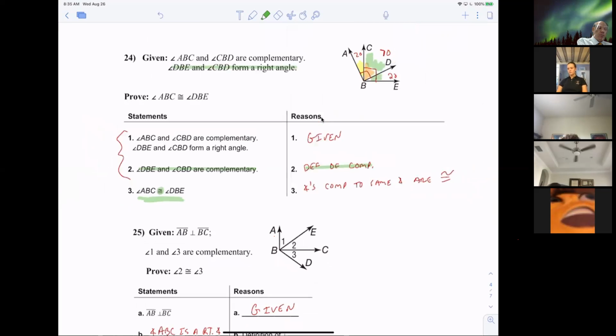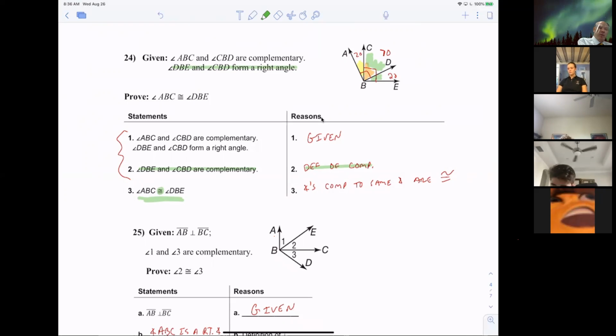Yes, Drew. I'm not arguing with you, but I just thought complementary, if two angles add up to 90, then they're complementary, right? Isn't that the definition? Right. To be honest, those are little minor details.